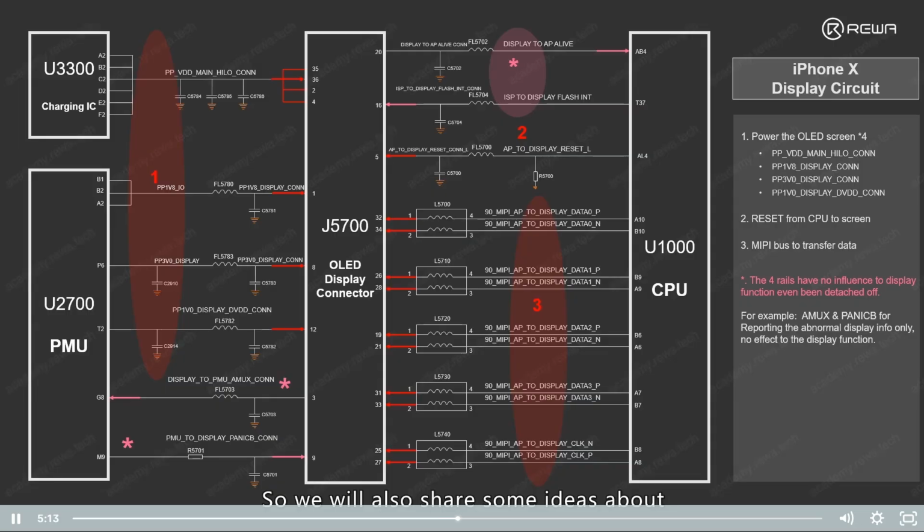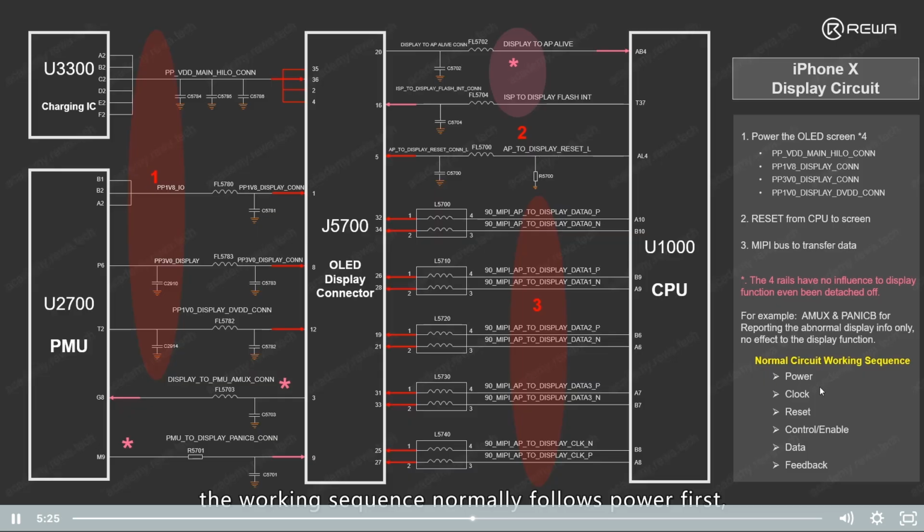So we will also share some ideas about the normal circuit working sequence. For an iPhone circuit, the working sequence normally follows power first, then clock, reset, control, enable, data, and feedback. Some sequence like this.